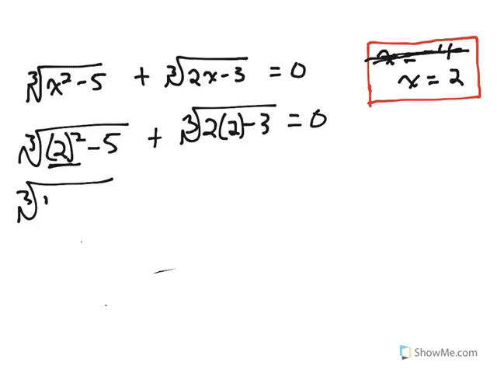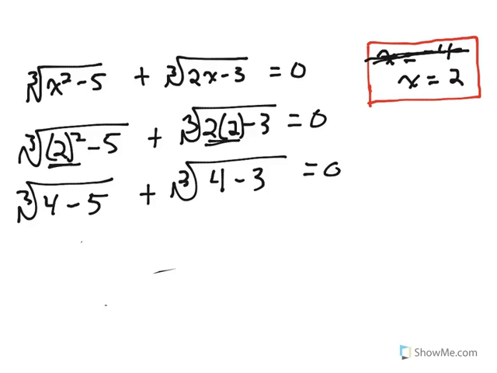Two squared is 4. Two times 2 is 4. So here we have 4 minus 5 is negative 1. And 4 minus 3 is positive 1.